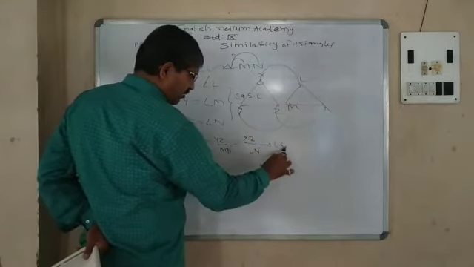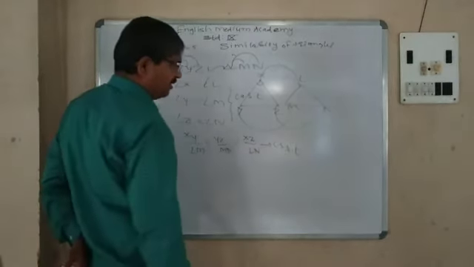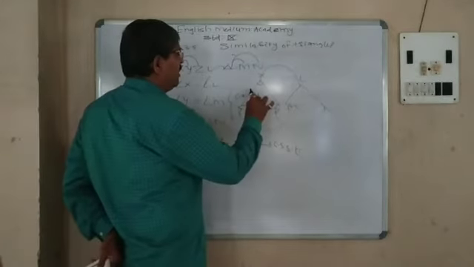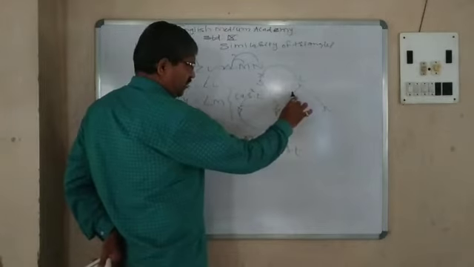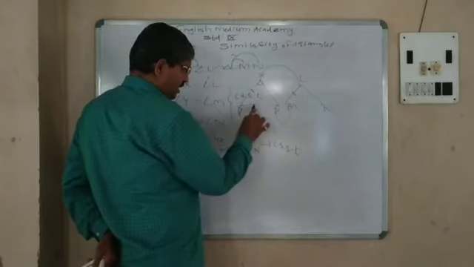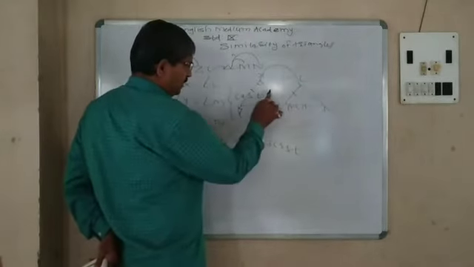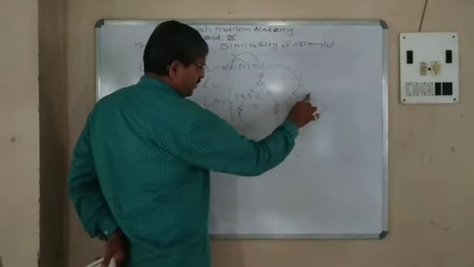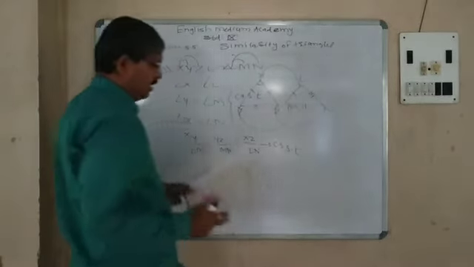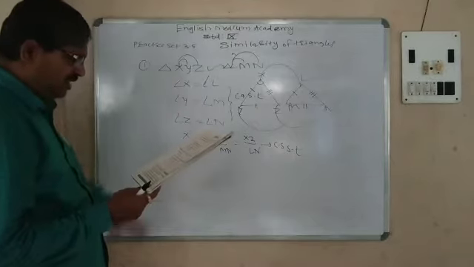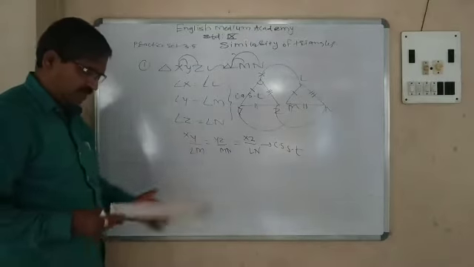What are the corresponding sides of similar triangles? Let's look at what happened. XY corresponds to LM, YZ corresponds to MN, XZ corresponds to LN. In this way, the answer is completed. These are the ratios.